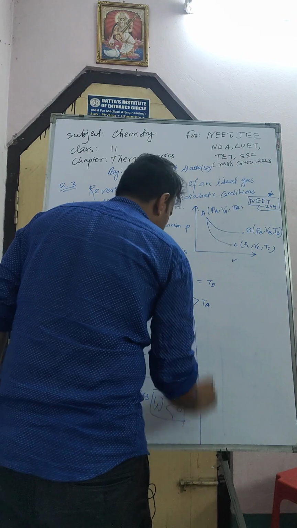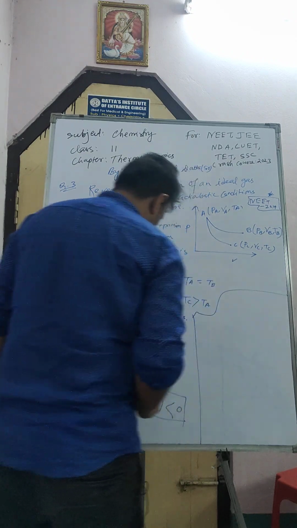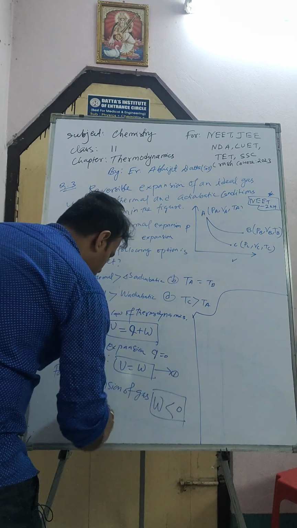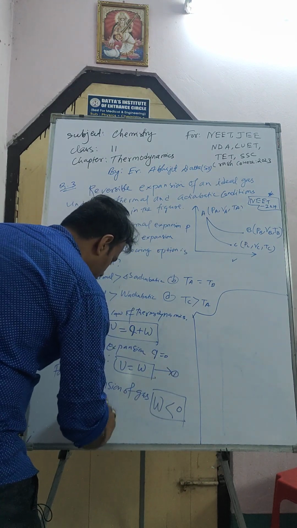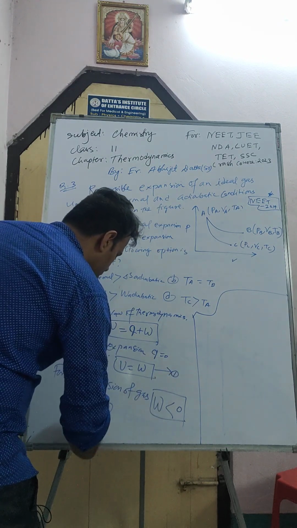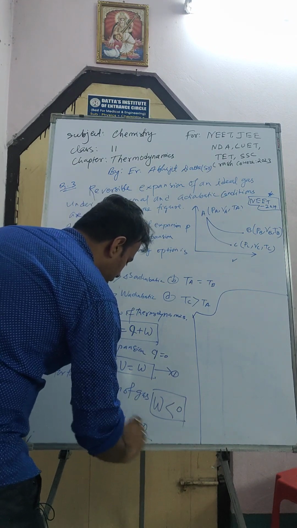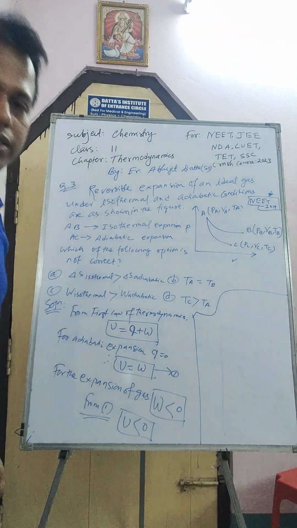Now if work done is negative, then from equation 1 we can say that ΔU is negative, that is, internal energy change is negative.